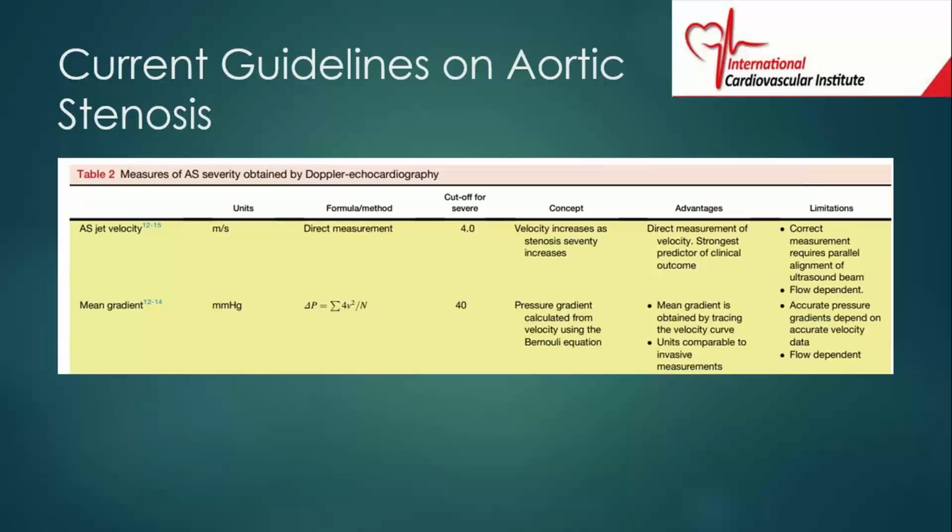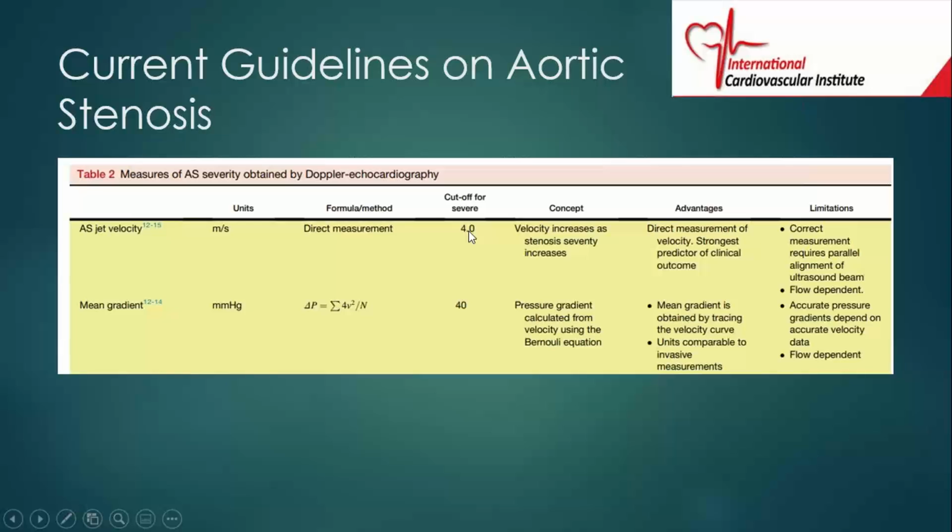So when we talk about severity, when we look at severe aortic stenosis, there are a number of things that you can look at. You look at the aortic stenotic jet velocity. This is one of the parameters that will tell you about severity. And the cutoff for severe is greater than 4 meters per second.